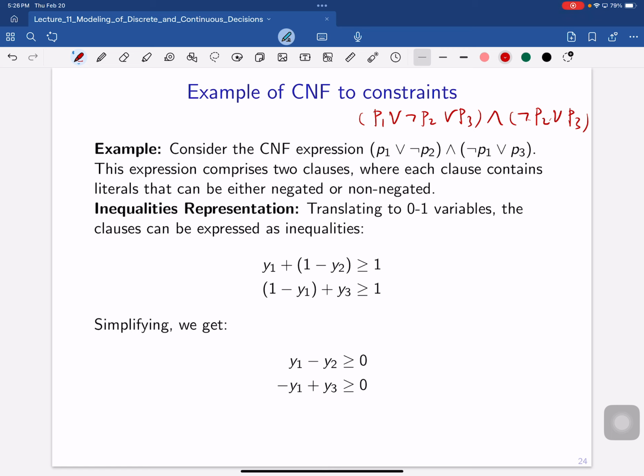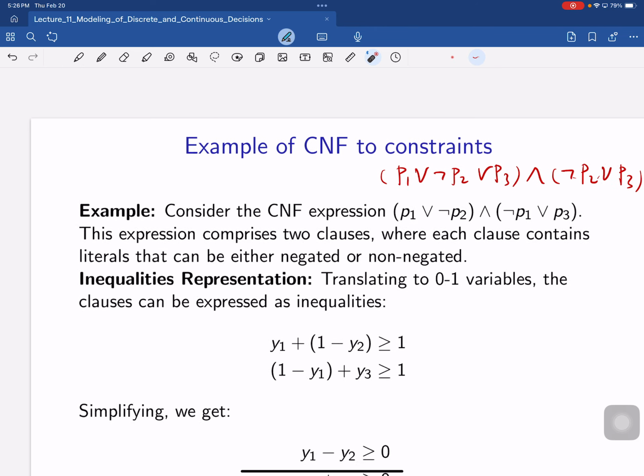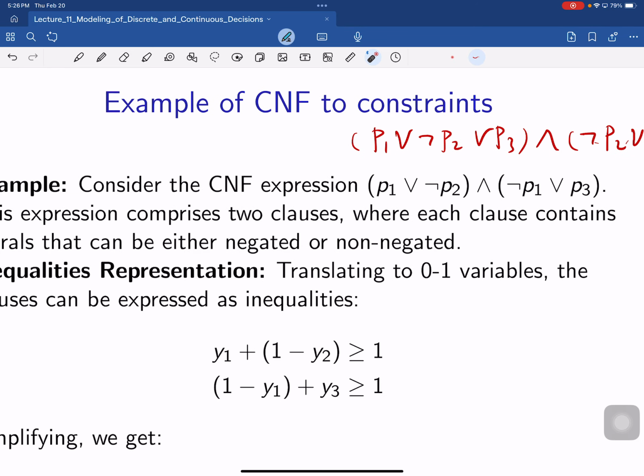So any idea why this conjunctive normal form is easy to handle, right? How do you translate a conjunctive normal form into 0-1 inequalities? If you look at this particular example, let's say without looking at the answers I give, why is it easy to translate into 0-1 inequalities?